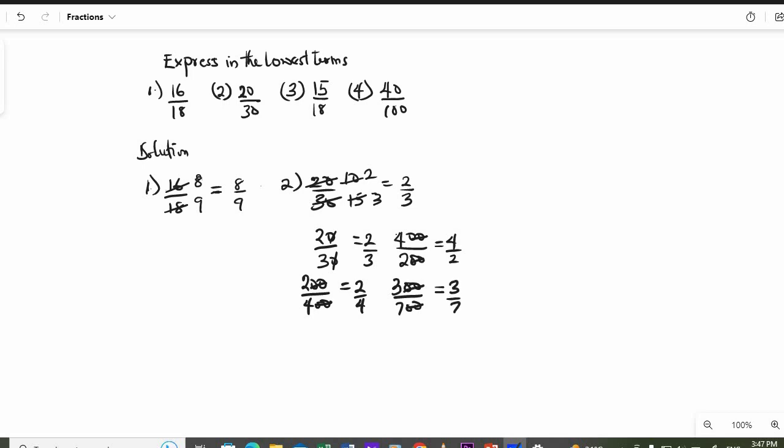Now remember, I said all the zeros have to be at the end of the non-zero numbers. Meaning that if you had a fraction such as 406 over 700, you can't do this. You can't cancel the 0 here and cancel the 0 here. No, that will be wrong. This is something that you should not do.